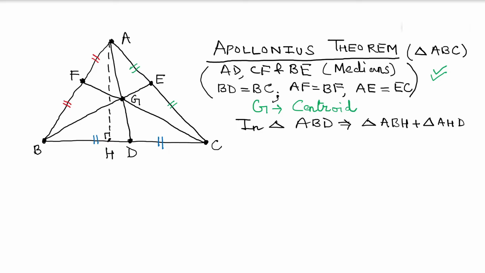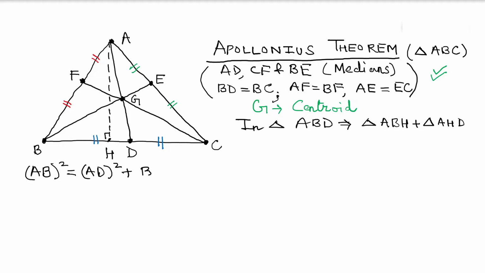The property that we are going to pick up here is, can we say that AB whole square can be written as AD whole square plus, what is the next thing that we can write here?